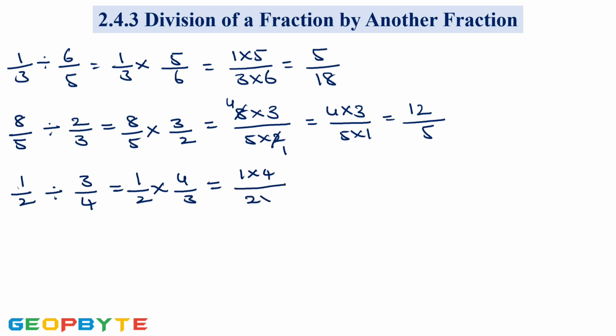Product of denominators is 2 into 3. 2 ones are 2, 2 twos are 4, which is equals to 1 into 2 by 1 into 3, which is equals to 1 twos are 2 by 1 threes are 3. So 2 by 3. The result of 1 by 2 divided by 3 by 4 is 2 by 3.